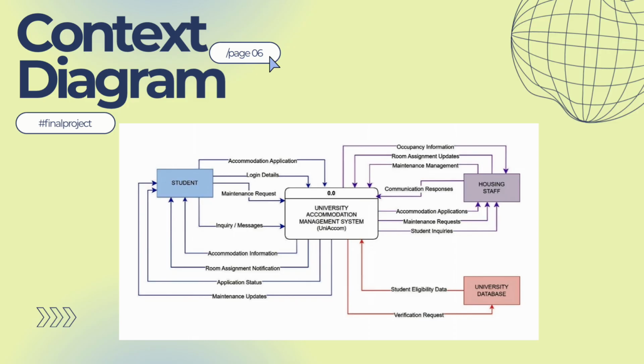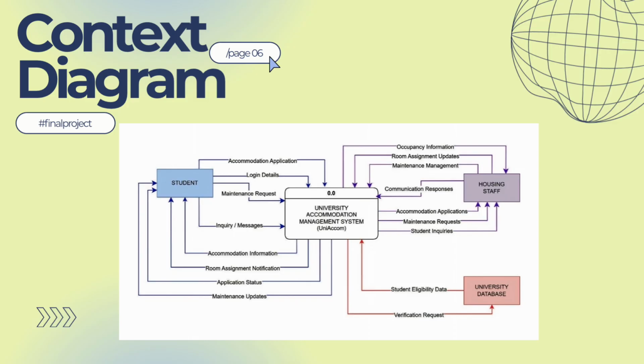The student interacts with the system by submitting accommodation application, login details, maintenance requests, and inquiries or messages. In return, the system provides application status updates, room assignment notification, accommodation information, and maintenance updates.